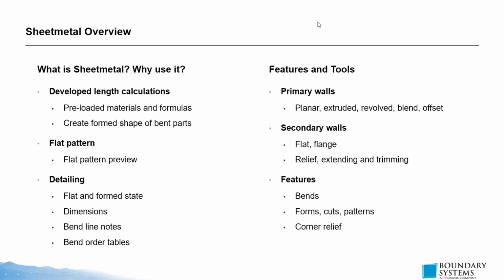All right, so moving on to sheet metal. First, I'm going to talk a little bit about what sheet metal is. So in the real world, a piece of sheet metal is going to be a constant thickness piece of metal, and generally you're going to make a single part out of one piece of constant thickness material. That's going to be done with extruded cuts, with punch forms.